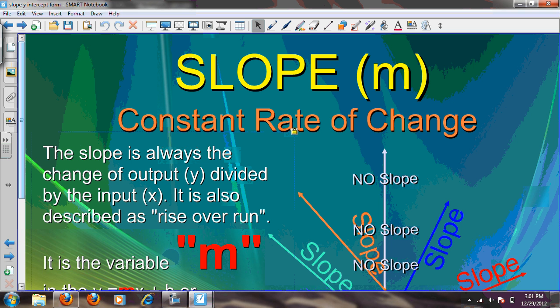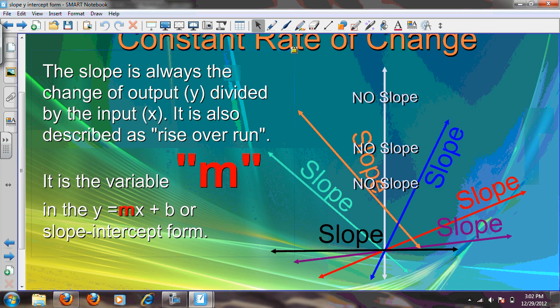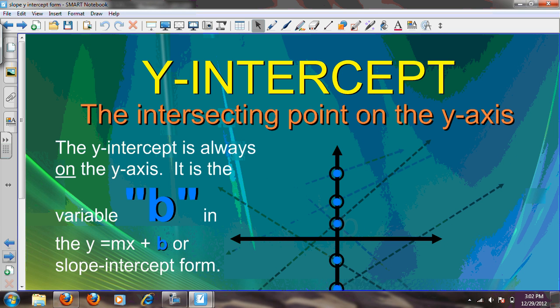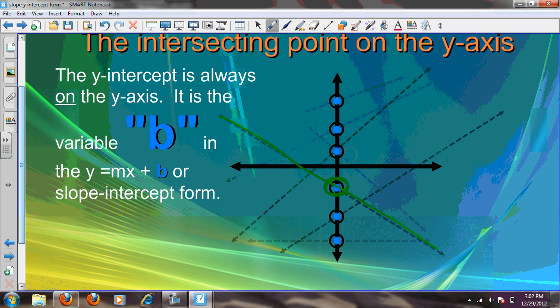Just to review, slope is rise over run. We're going to get to a formula here in a minute. B, where the line crosses the y-axis. So if you look at this line right here, here is where it's crossing. That looks like it's at -2. If you look at this dotted line, here is where it is crossing.